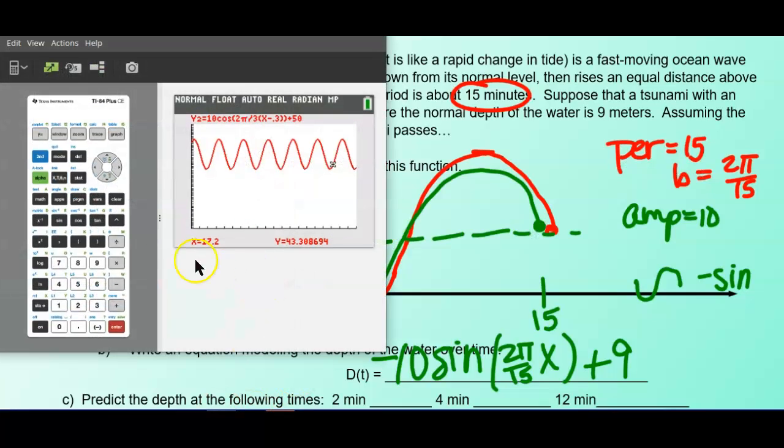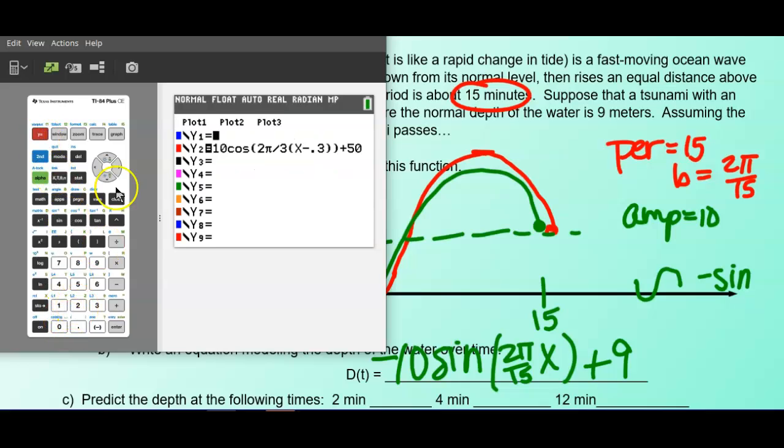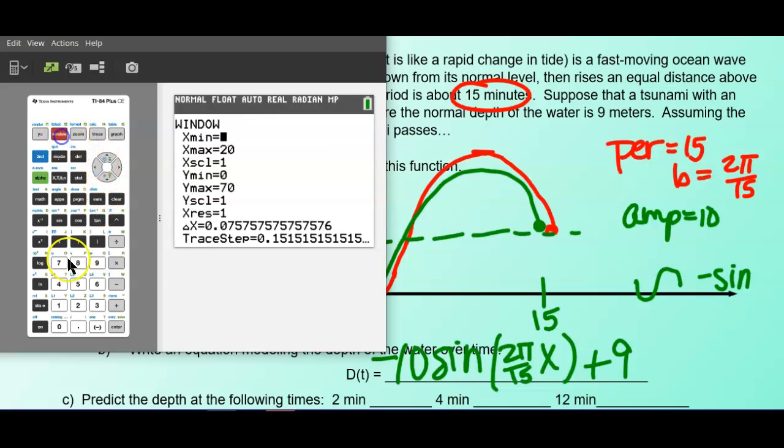I got to type it in so that we can check all those other answers. So it would be negative 10 sine 2 pi over 15 x plus 9. You could put extra parentheses around the x. It won't matter, I promise.